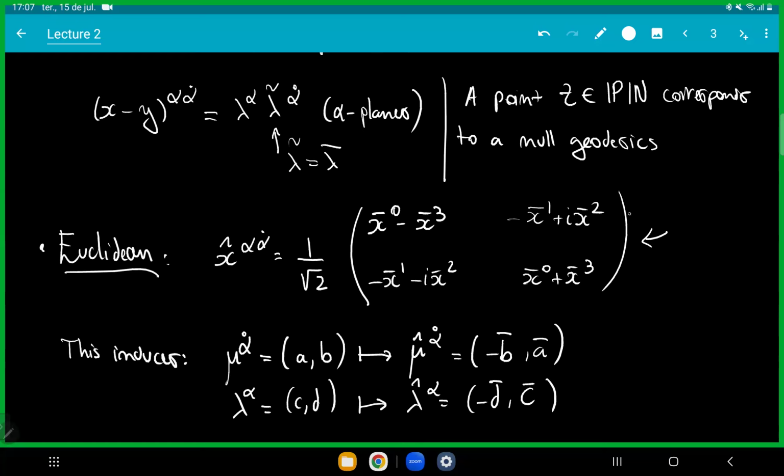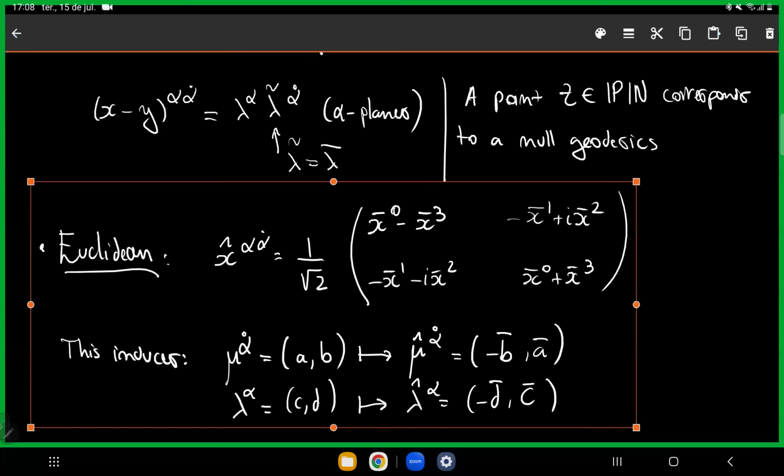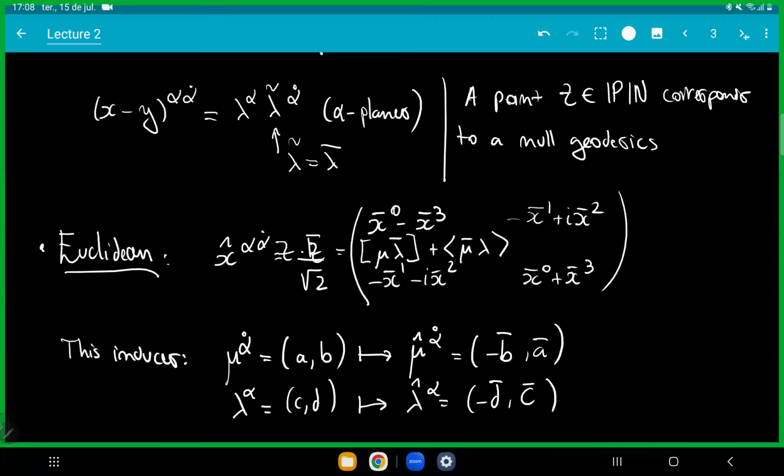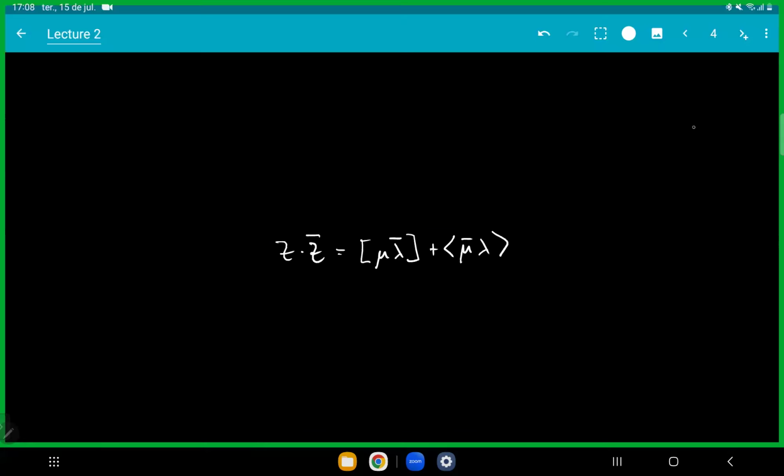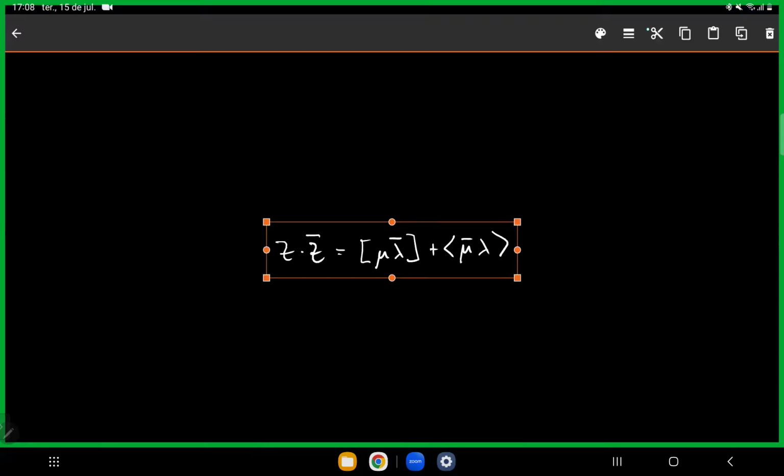Okay, I ran out of space. Let me just copy all of this and move to the next page so we can continue. This is the good part of using tablets to work on it, like an actual blackboard. Oops, oh no, this is not what I wanted.